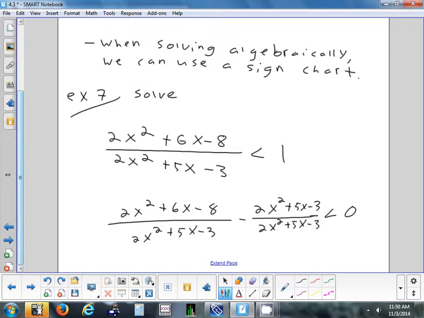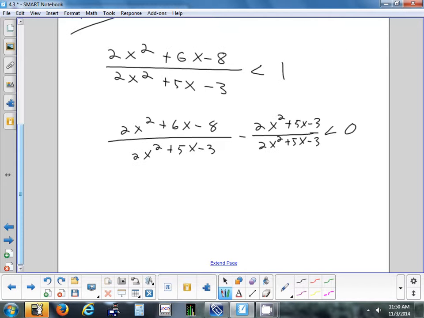I'm dividing two things that are the same, so that is 1. But now I have a common denominator. And since I have a common denominator, you can put it all together. So 2x squared plus 5x minus 3, and combine your like terms.